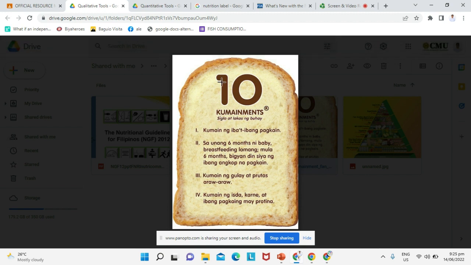It's a wordplay for the 10 commandments, and instead of stone tablets, since nutrition related man siya, naa siya sa bread, naka slice of bread siya naka-embed ang mga statements. So yeah, it's very smart, and it's very captivating, no?